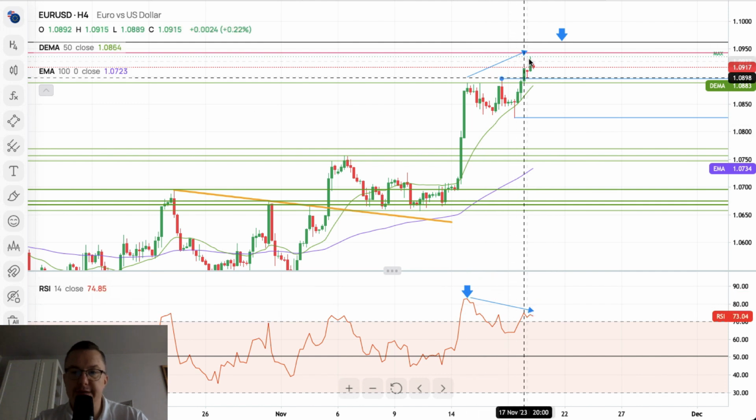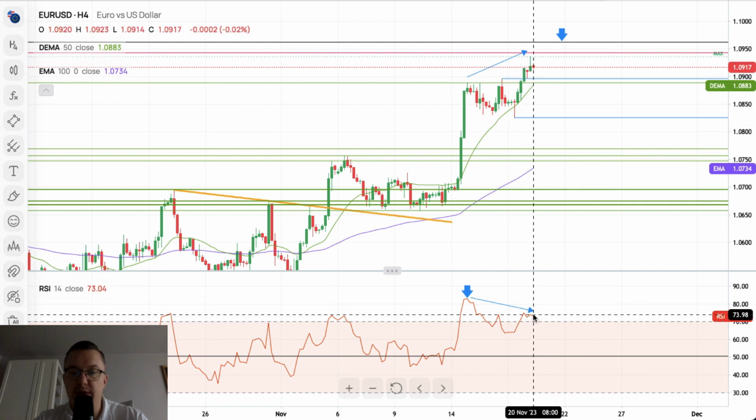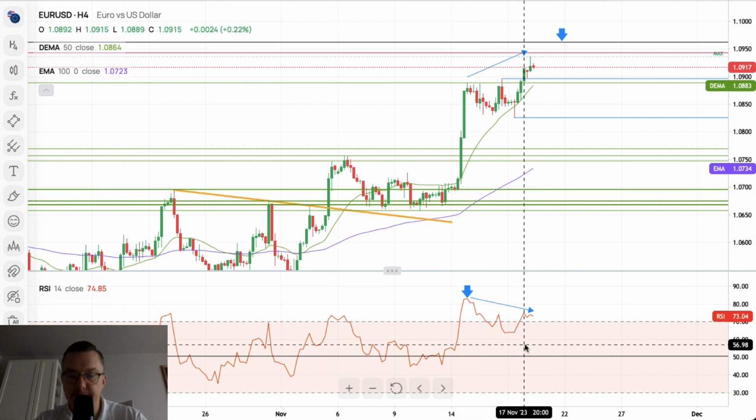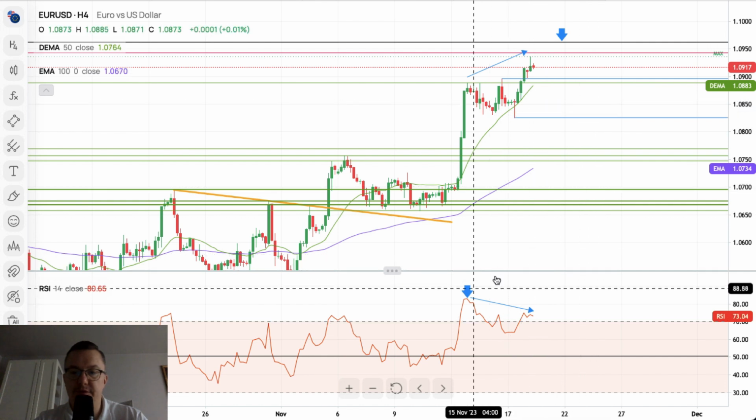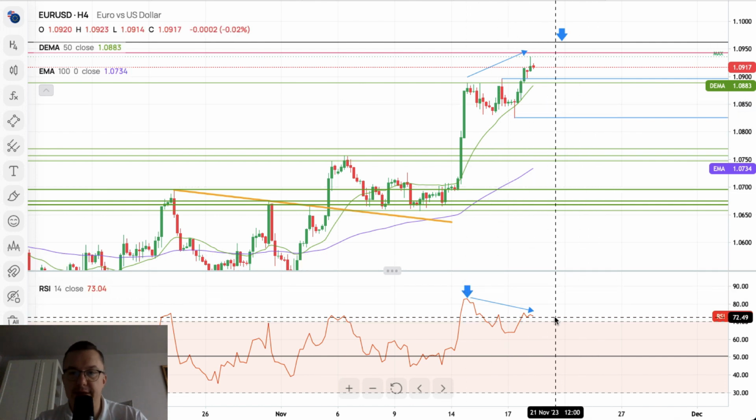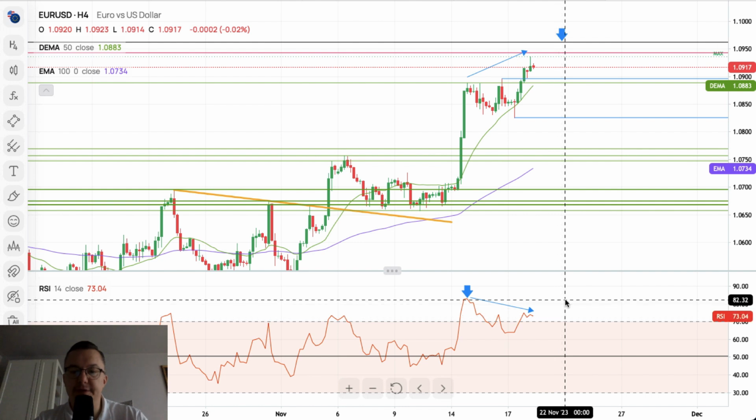So the last push to the upside was made on a way lower momentum than the previous one, which usually means that we should expect some sort of pullback or correction on the 4-hour chart, because the bearish divergence will be played out by the market participants soon.